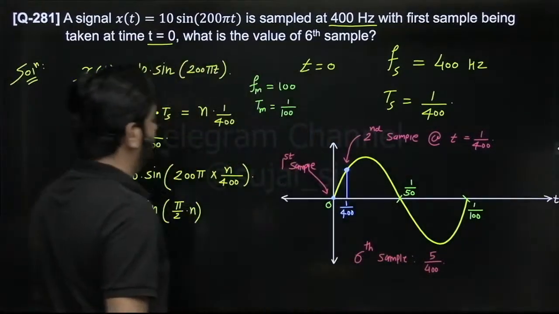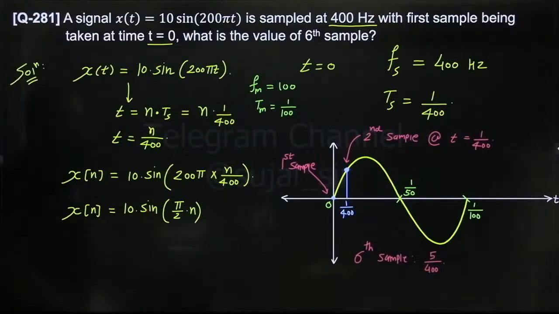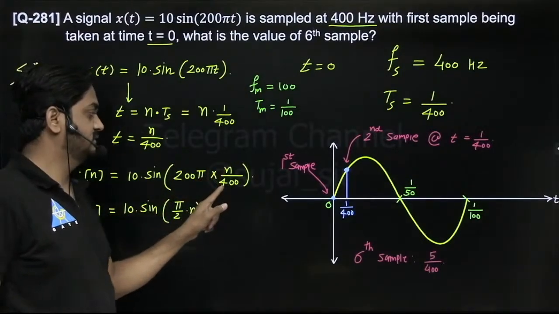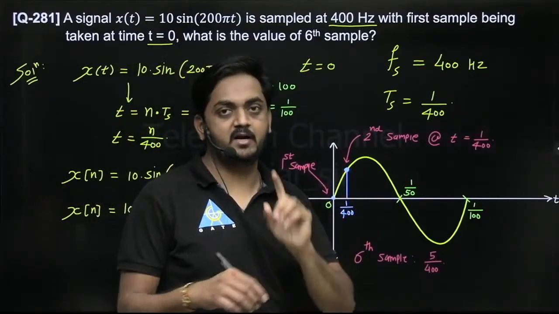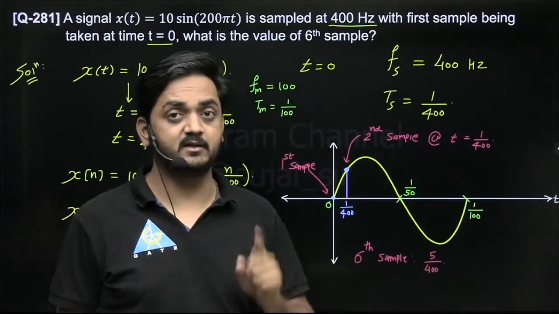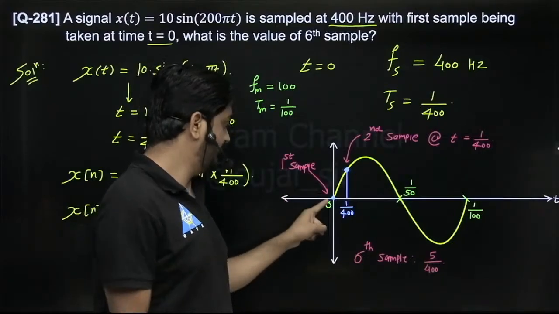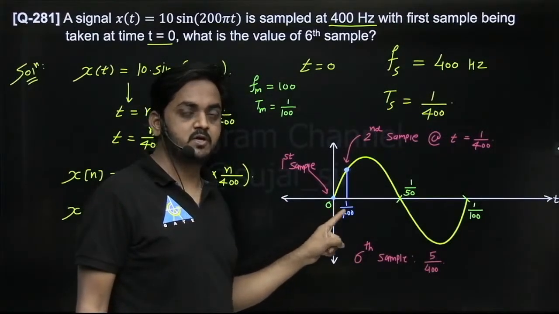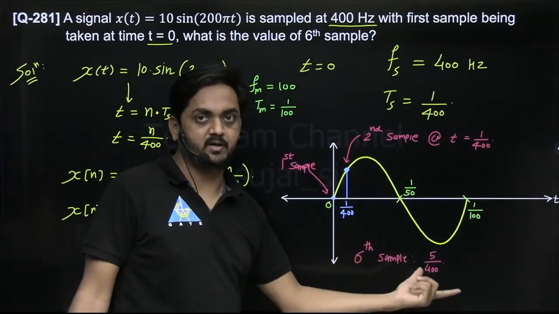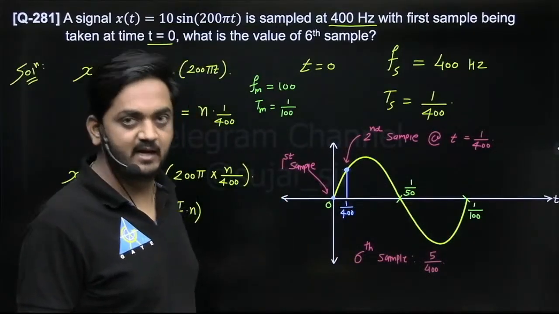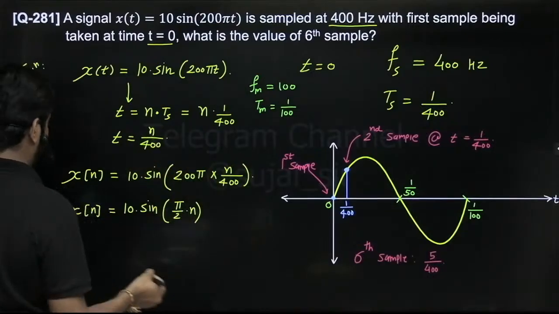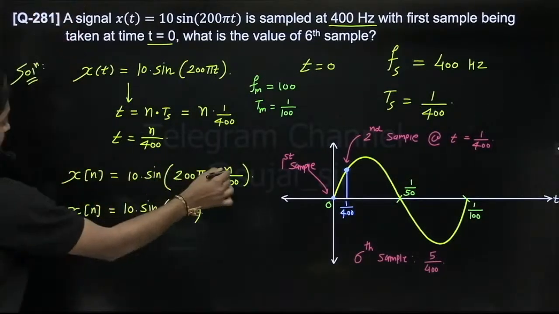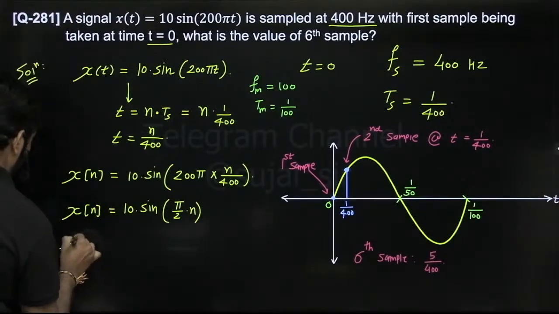So n equal to 5. Remember this thing: because they take the first sample at t equal to 0, for the sixth sample n equal to 5.